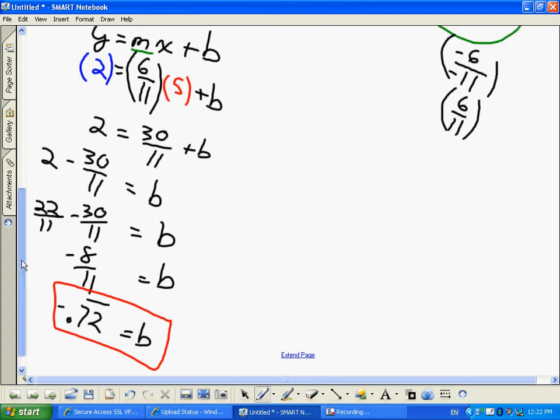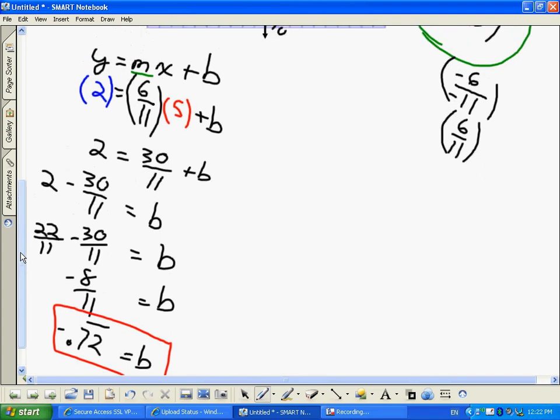So my equation of a line, we go back up a little, this equation of a line, y equals, we have our slope, 6 over 11 x, and I now have our b. We'll leave it in fraction form just because this one's in fraction form, -8 over 11.